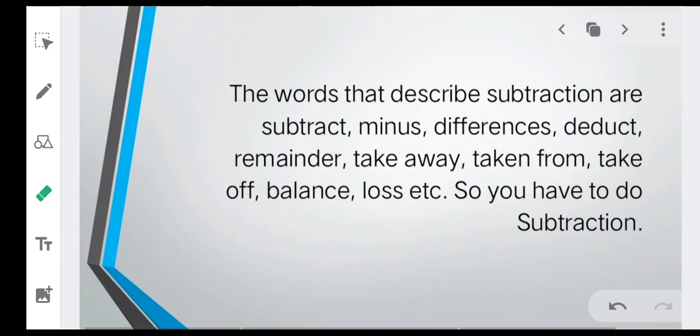With the help of these words, you can easily understand the problem sums and you are able to solve all sums easily. So let's start to solve some problem sums.